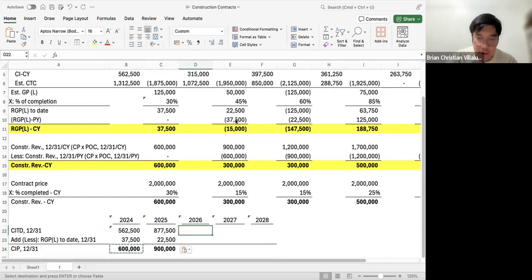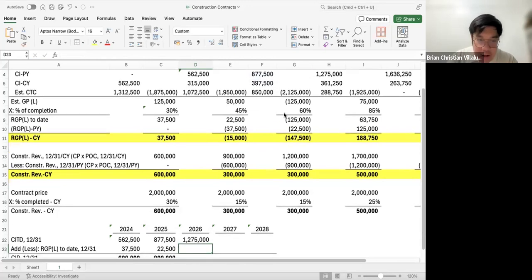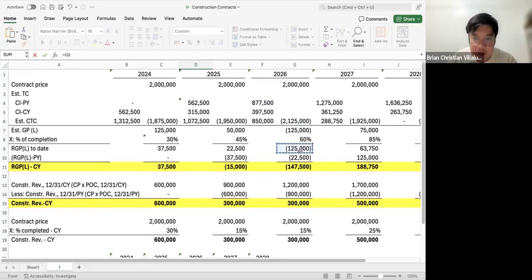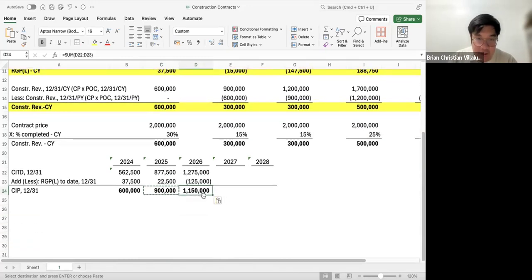Ganun lang gagawin natin all throughout. 2026. So, that's 877,500 plus 397,500. And RGP or loss to date, that is 2026, negative 125,000. So you get 1.15 million account balance.